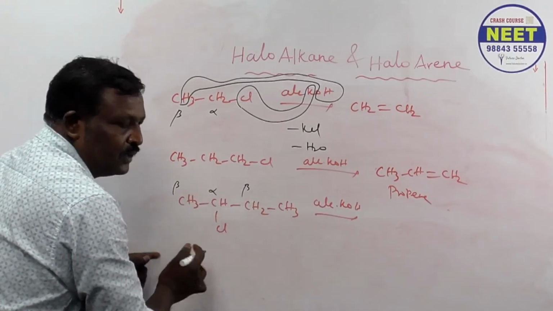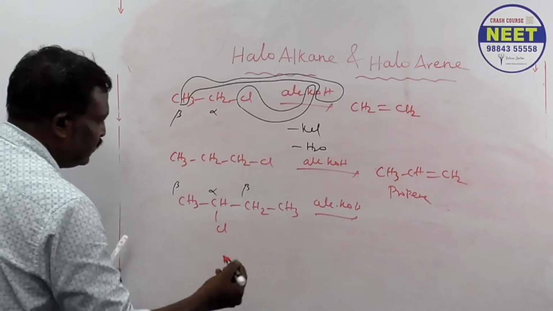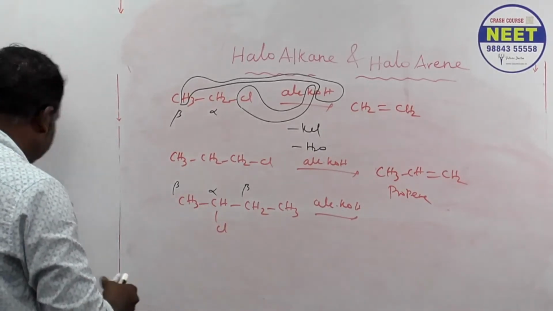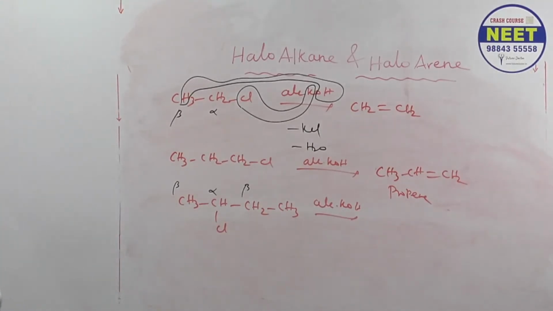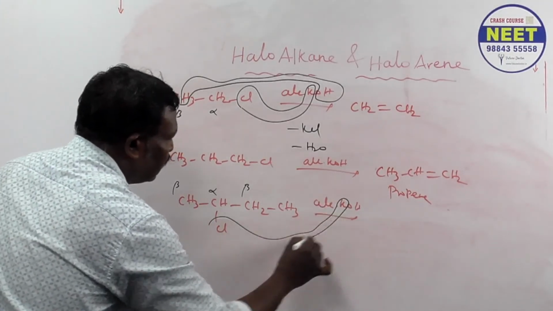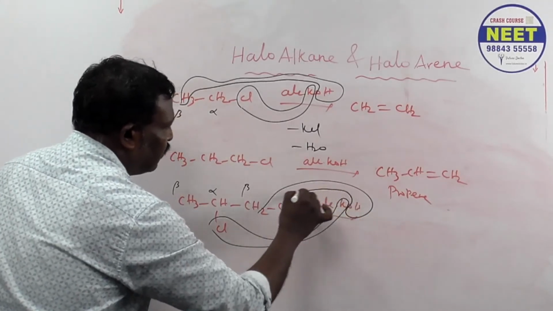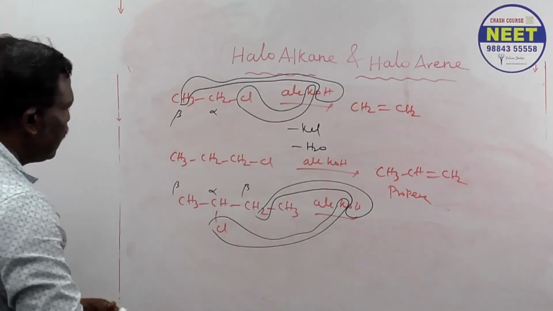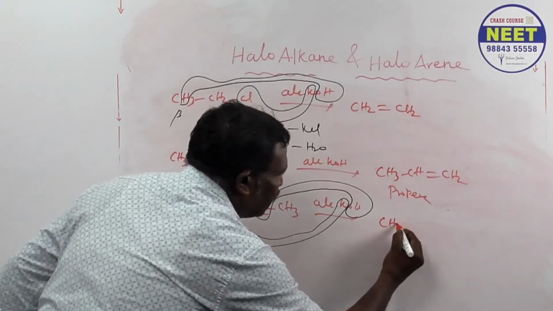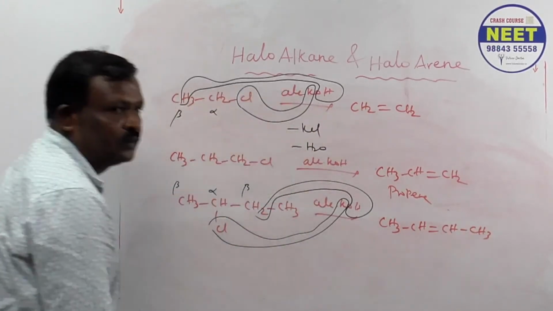This beta only we should take. Okay? So here, KCl is removed. This beta. The product will be CH3, CH, double bond, CH, cut or not? Understood? Okay, it's very important.